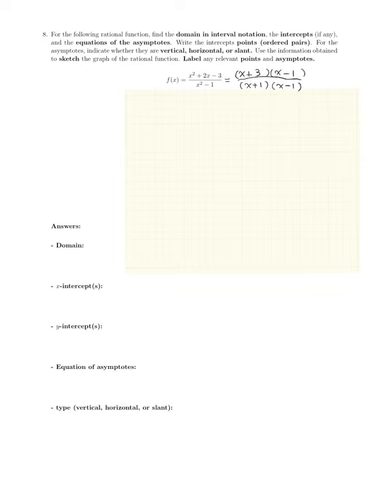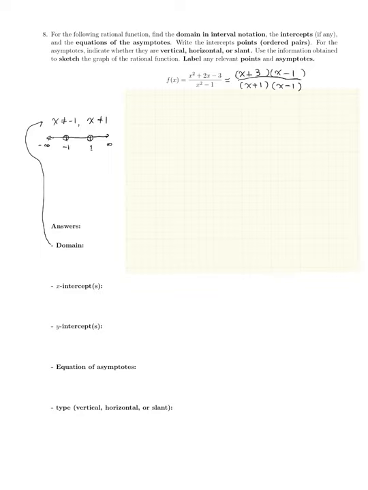To find the domain of the function, you want to keep the denominator as is. Do not cancel out anything. So the domain portion is going to be x cannot equal negative 1, and also x cannot equal 1. So to get that in interval notation, here's negative infinity, positive infinity. x cannot be negative 1. x cannot equal 1.